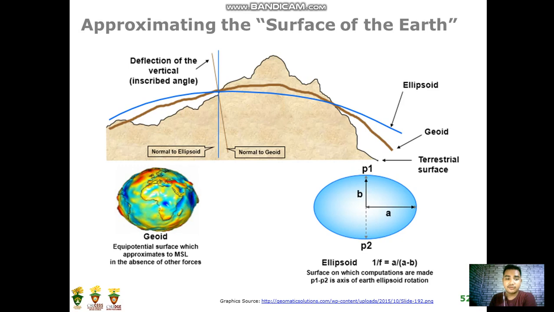And we have also normal to the ellipsoid. So at that point, 90 degrees with respect to the surface of the ellipsoid. And that angle, no, kanang angle nga na-create between the normal to the geoid and the normal to the ellipsoid is what we call the deflection of the vertical.